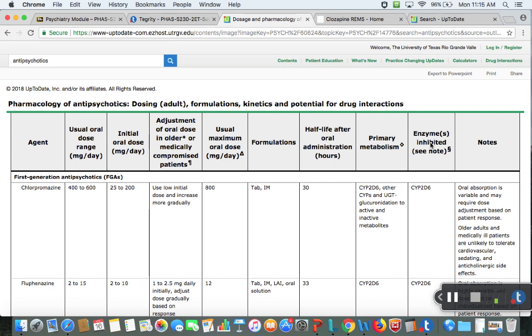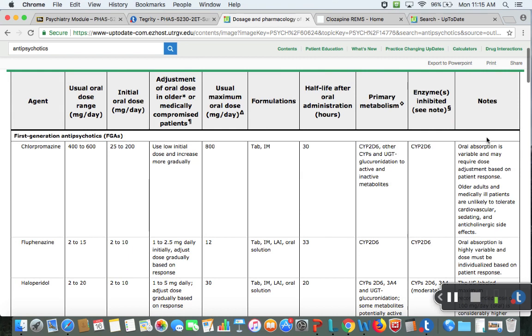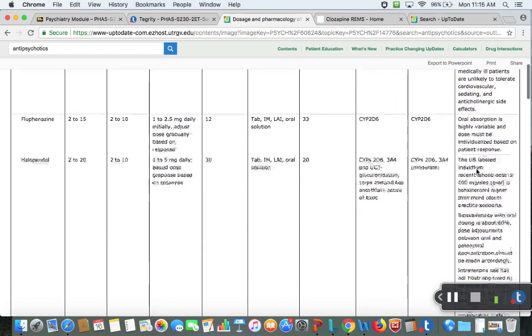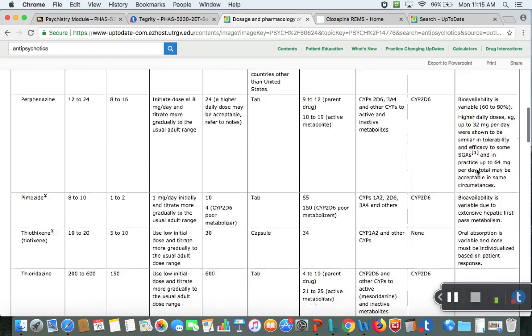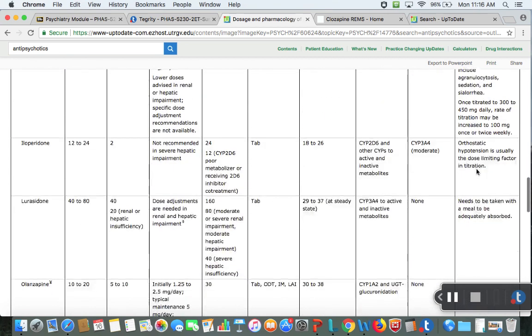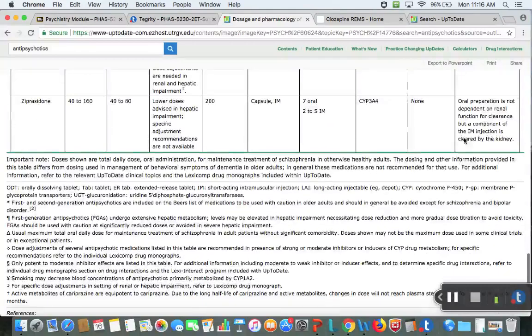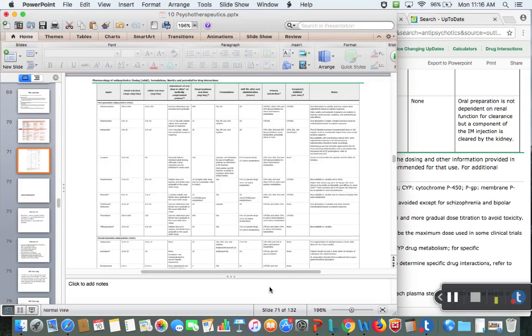Don't stress about the metabolism and the enzymes inhibited unless I noted to worry about the drug interactions. And then the notes here are an important column. I would read through those and make sure you are looking at the notes on that. So we have the first generation, second generation, and some good little pearls here and some little notes for you guys to look through. And then the fine print too is always good to look at.